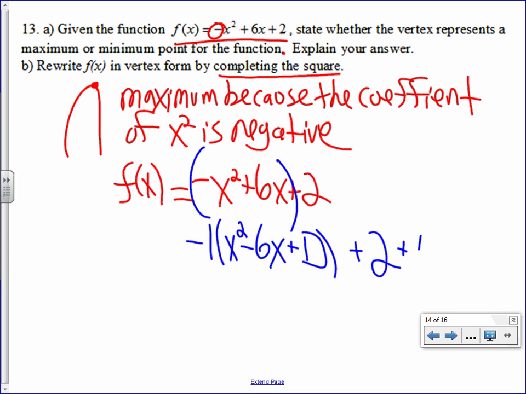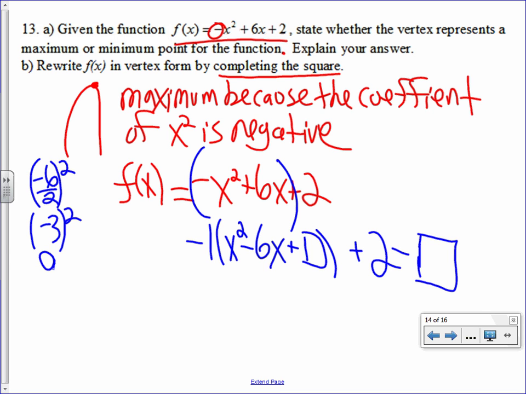Now, just like we did before, I have to add the over 2 squared. However, because I'm on the same side of the equation, I don't add it twice. If I add it here, I have to subtract it here. Well, negative 6 over 2 squared is negative 3 squared, which is 9. But technically, I'm multiplying this 9 by that negative 1.